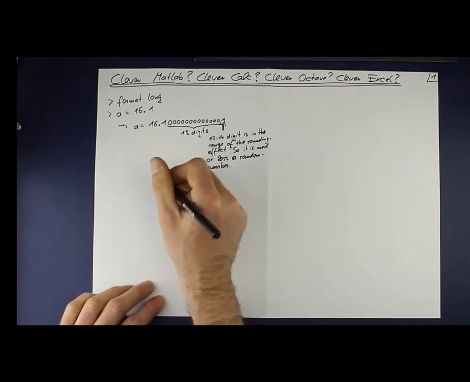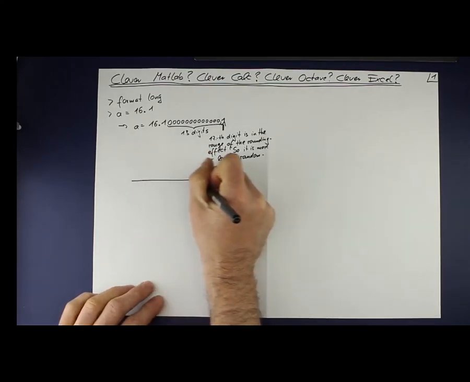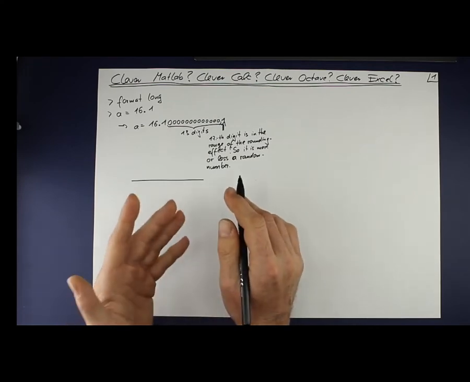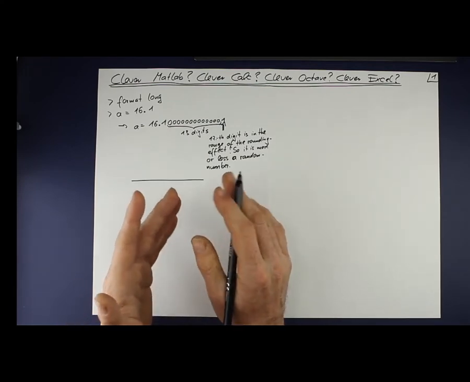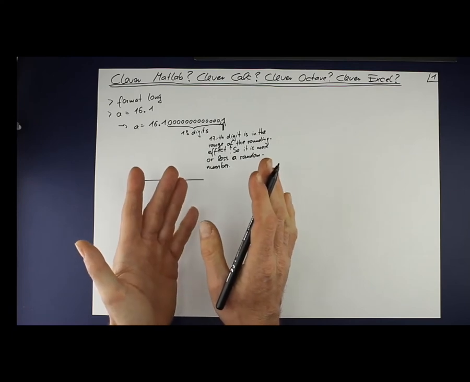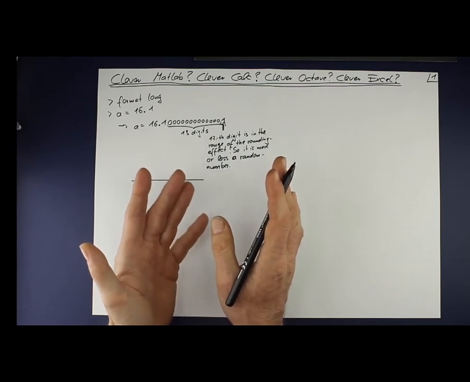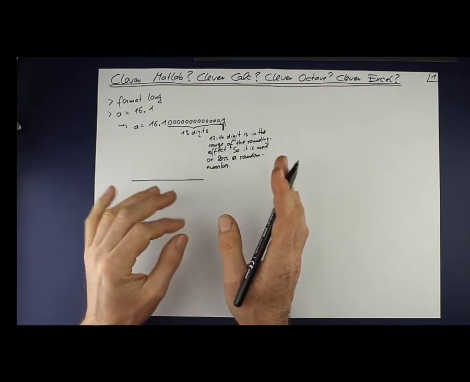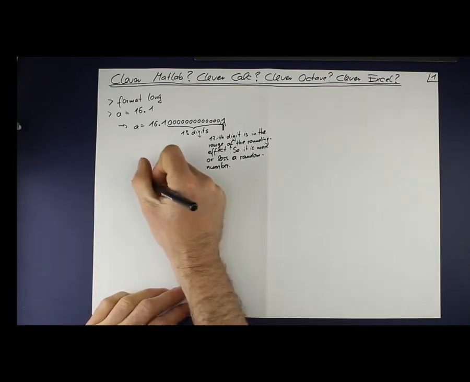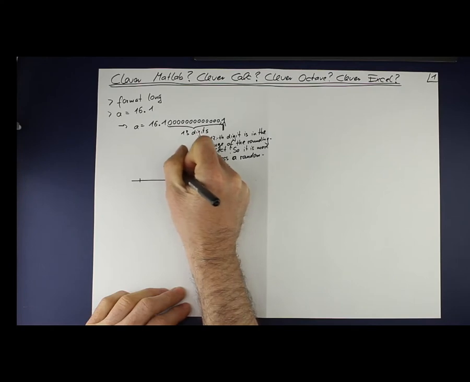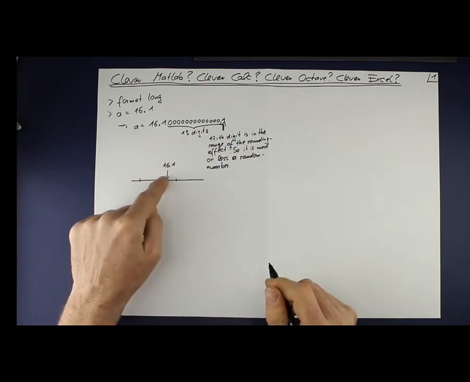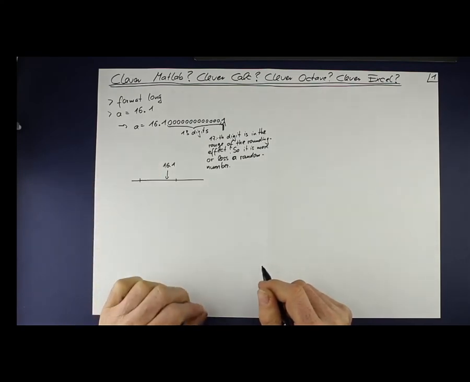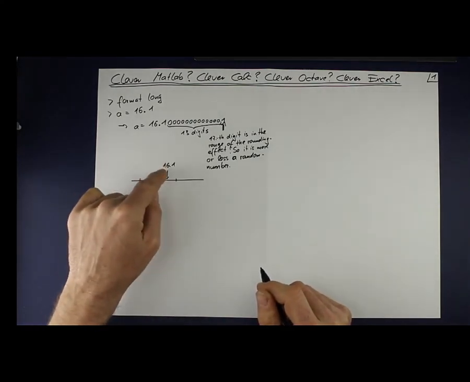Why is that true? If this is the line of all the numbers, then using floating point numbers, we have only a finite set of available numbers. Let's see what the available numbers around 16.1 are. 16.1 cannot be stored as 16.1. It's not an available number.